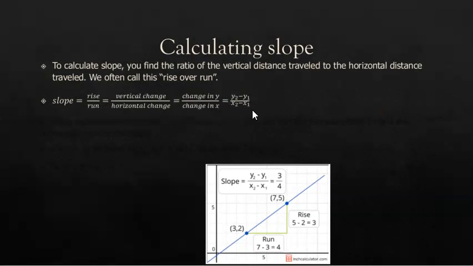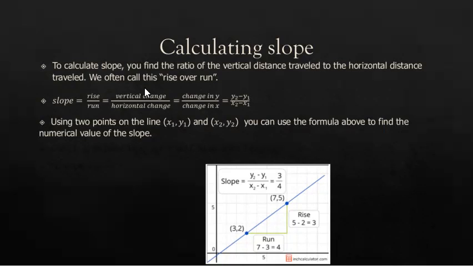It doesn't matter how close together or how far apart these points are, as long as they are exact points on the line. Most of the time, it's easier to get whole numbers, so I always choose where my graph intersects those grid lines so that I can use whole numbers in my calculations. But honestly, it doesn't matter. You could do decimals or fractions as long as you are exact and those points are on the line.